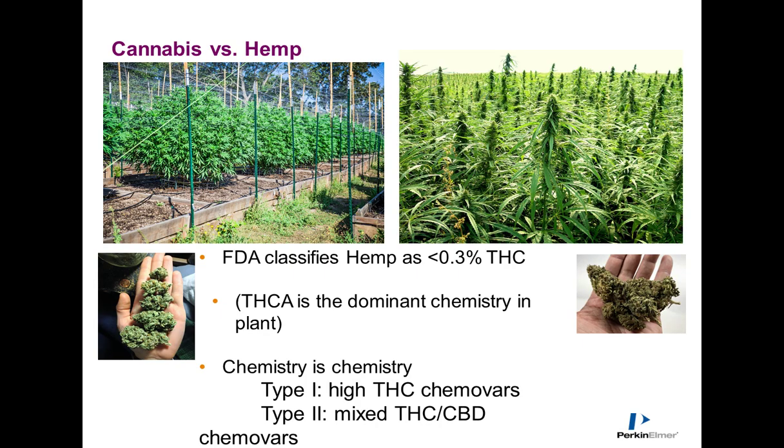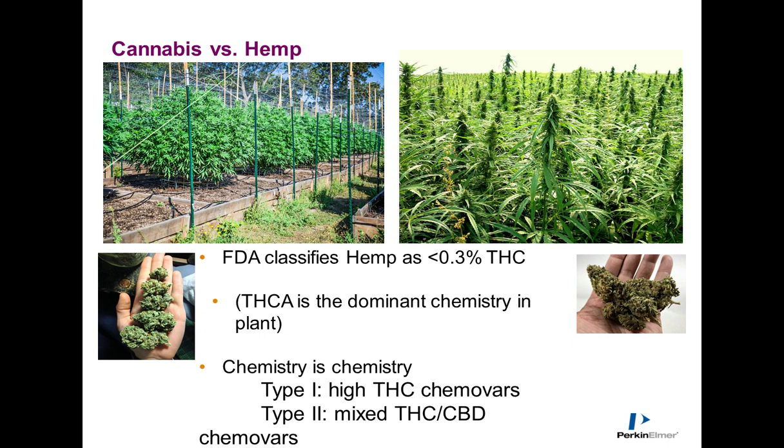But just to provide some clarity and understanding on cannabis and hemp. Really, they come from the same species of plant, and depending on the chemistry, they can be classified as cannabis and hemp.